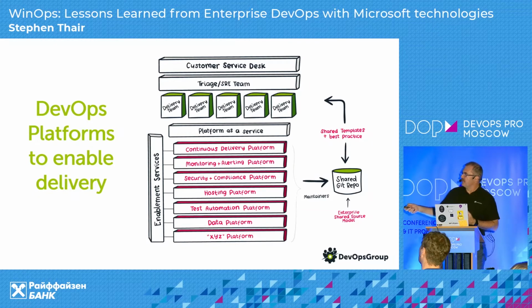Like one of the case studies we'll come on to, they have 80 Scrum teams. You're not going to want each individual Scrum team running their own Jenkins instance or their own Kubernetes instance, or one team using AWS and one team using Azure and one team using GCP. It makes sense to offer some of these services up as a service.